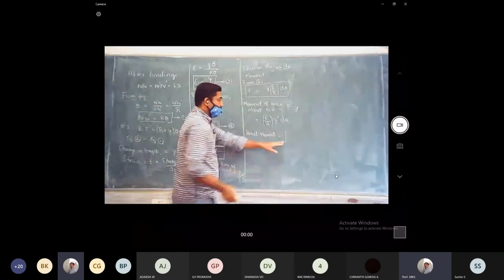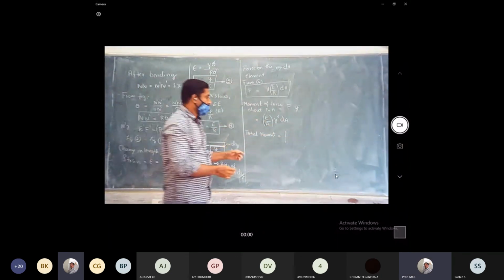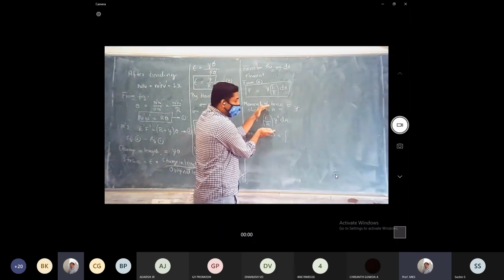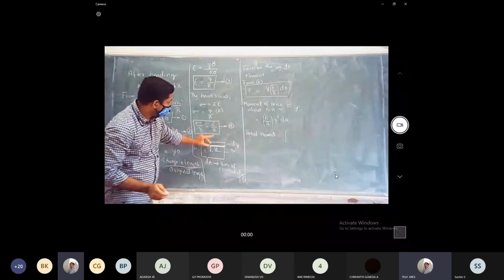The total moment is equal to the integral, or sum, of all the moments. In some books it is written as a sum, or the integral of this above quantity, which we considered for a single layer.